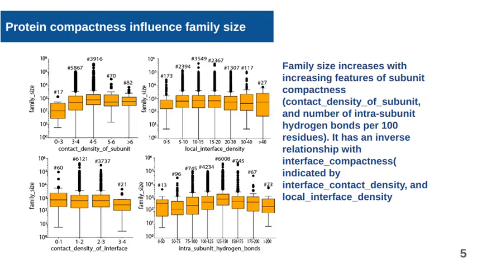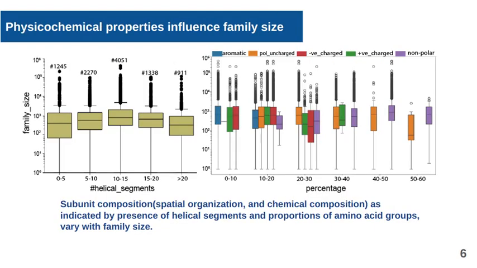When we look into physicochemical properties, they also play an important role in evolvability. We see that for the organization of amino acids into different structural elements such as alpha helices, beta strands, as well as loops, in those cases also evolvability or family size increases up to a certain point and then it decreases.